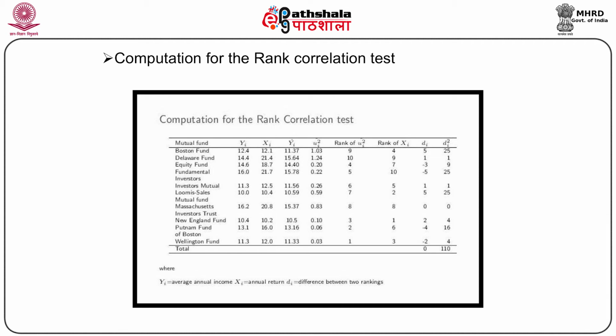We rank the ui square hats and we rank the corresponding xi's in decreasing order. We then obtain the differences denoted by di and obtain the square of the differences because we need to compute the Spearman rank correlation coefficient using the formula in the previous slide.